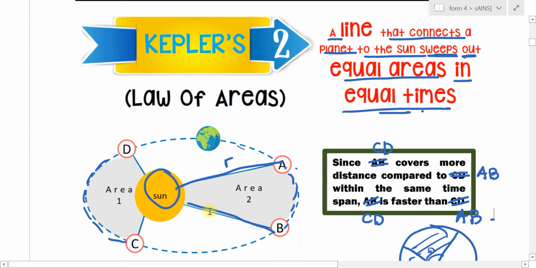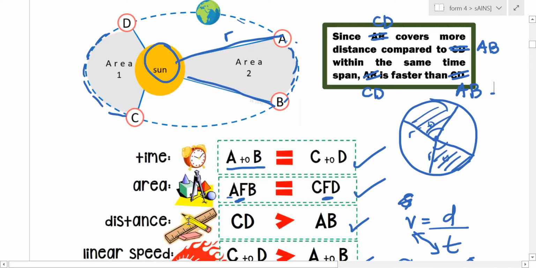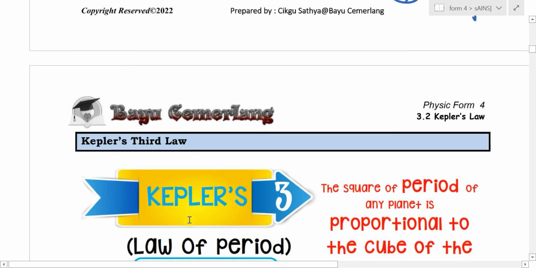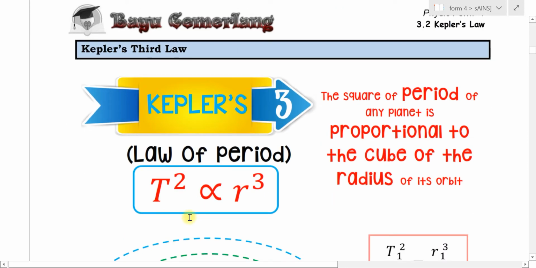Kita develop Kepler's second law ni supaya dia hasilkan Kepler's third law. If we combine Kepler's first and Kepler's second knowledge, lepas tu kita buat Kepler's third law. Kepler's third law simple saja.